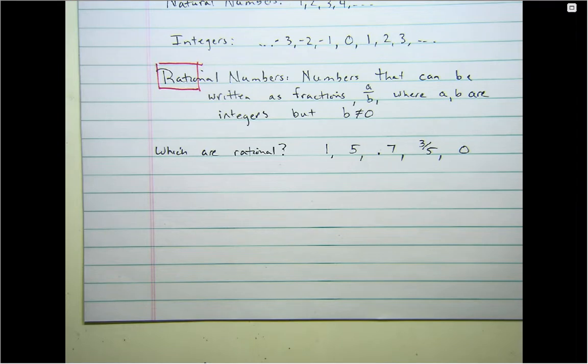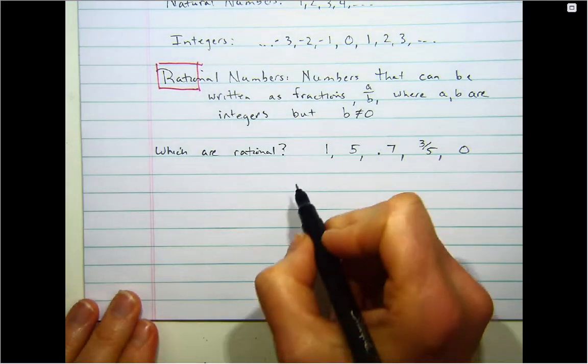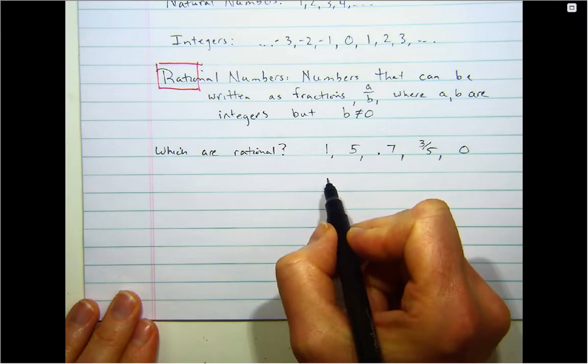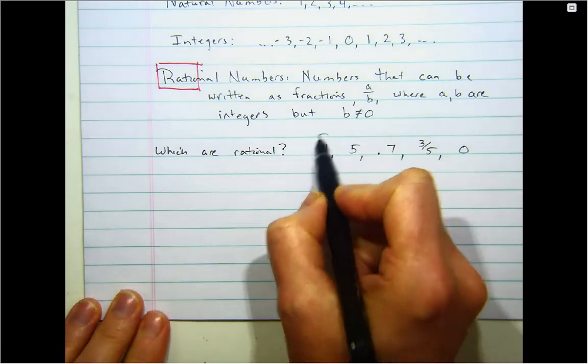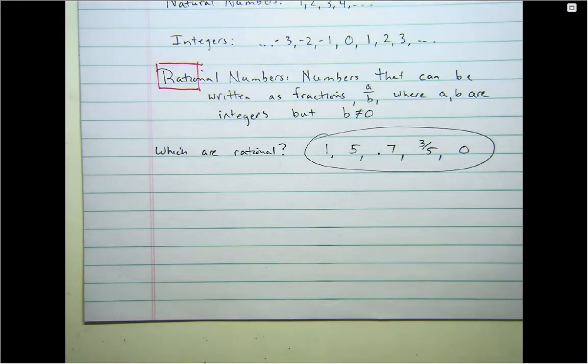Go ahead and circle each of those numbers which is rational. Did you circle all of them? Which one would you not circle? 0. Let's think about that.